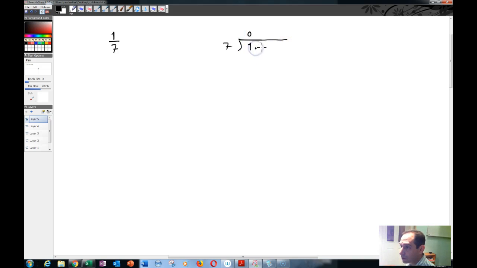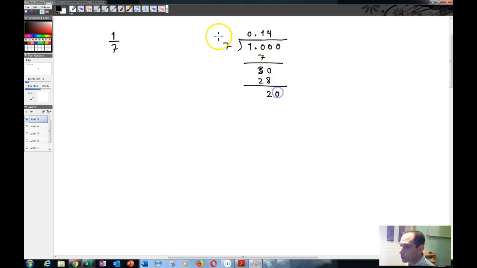So, for example, if you divide 1 by 7, what you will get is basically a 0 and then a decimal point, and then 1 times 7 is equal to 7, remainder 3. And then another 0. 4 times 7 is equal to 28, remainder 2.